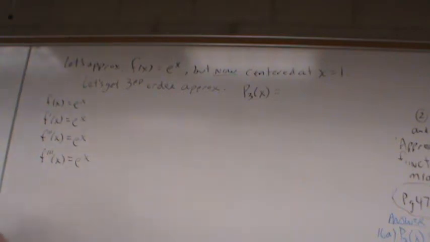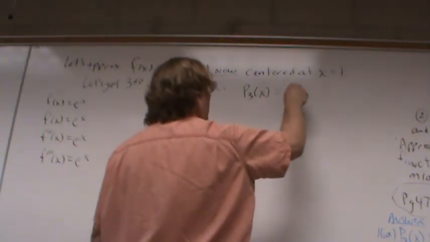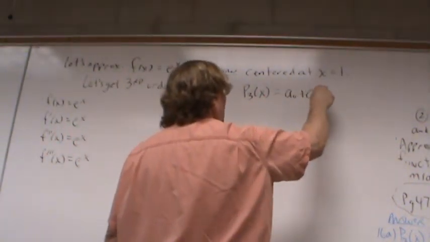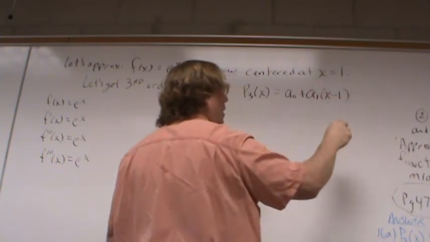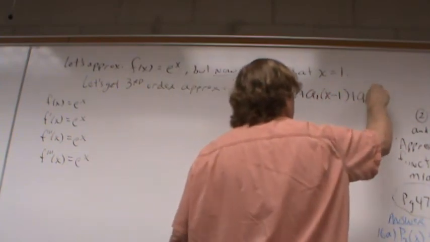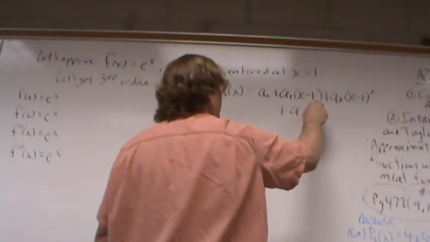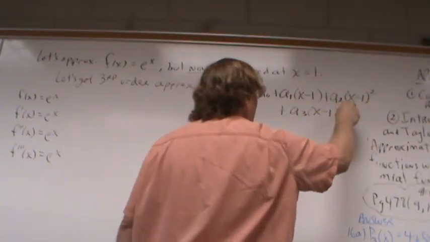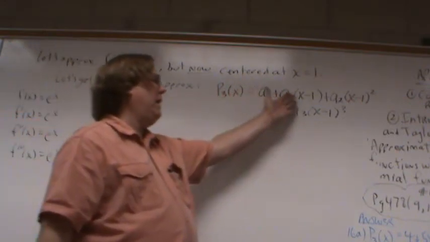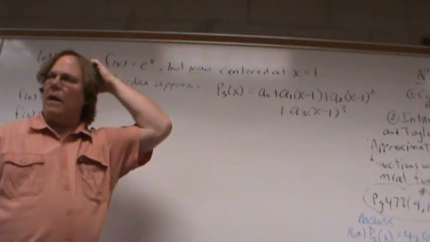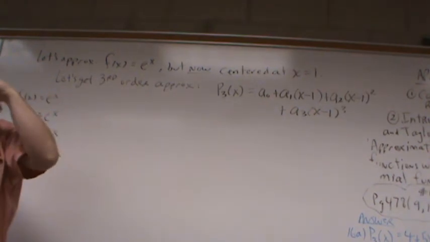So here's what I end up doing. I end up going a naught plus a1 times x minus 1 plus a2 times x minus 1 squared plus a3 times x minus 1 to the third power. I have to make all of my x terms x minus 1, because it makes it way, way more convenient to be able to stick in a 1 for x and have all the terms with x's in them go to 0.